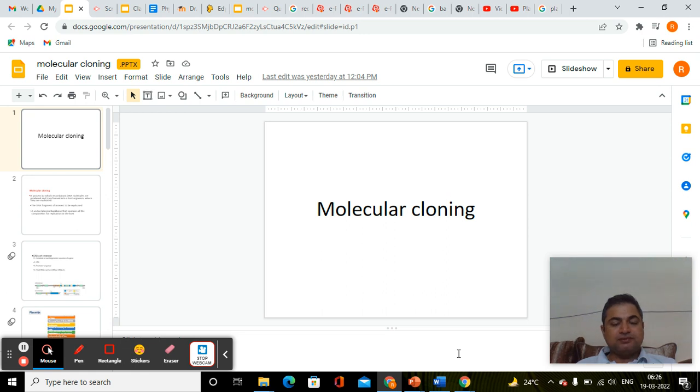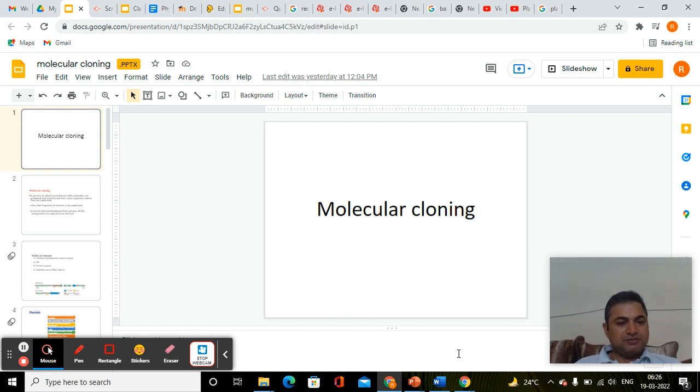As you know, for any gene manipulation experiments, the first thing is that you have to construct some vectors. So basically, what is a vector? A vector is nothing but a piece of DNA which you can use for cloning of your gene of interest. And this vector has other features also.